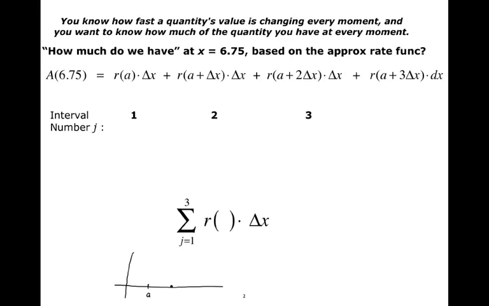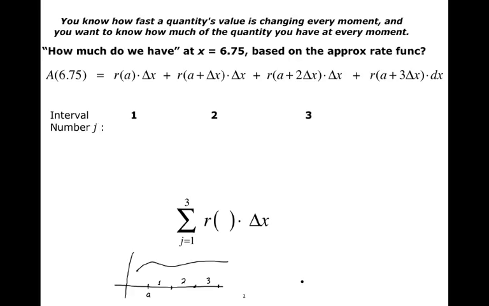Here's a, and so here's those 3 intervals, say. And so here, j equals 1 is the first interval. j equals 2 is the second interval, and j equals 3 is the third interval. So j, the index on our summation, is standing for which interval we're talking about.